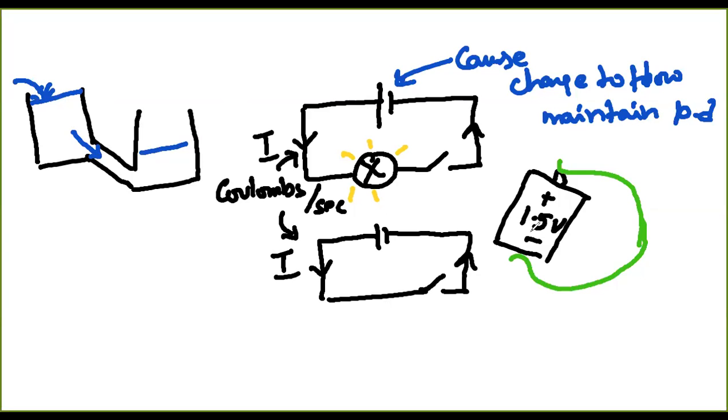We have to decipher that a little bit. I think we have discussed that before. When you say 1.5 volts, what you really mean is that this battery is maintaining a difference of 1.5 joules per coulomb between the positive and the negative terminal.